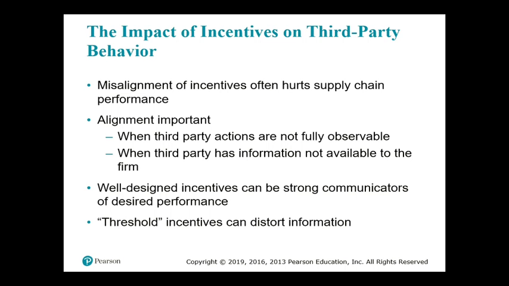So that would artificially create these demand spikes. And so to the automaker, this demand information is getting distorted. So this is not a desirable structure, so we generally want to avoid these threshold incentives.